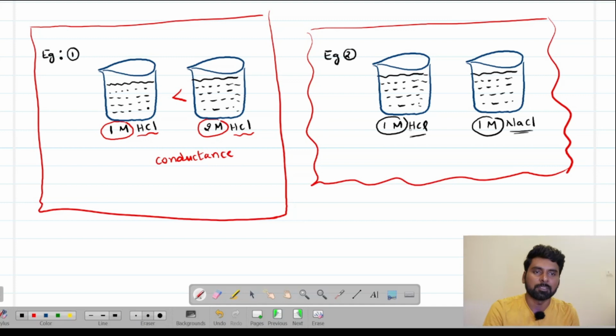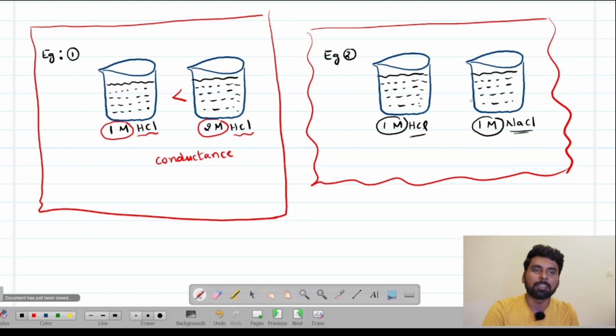For suppose, if there are 100 HCl molecules in this solution, for our explanation I am taking it like that, that HCl will be dissociated into 100 H plus and 100 Cl minus here. Here also if there are 100 NaCl, there will be 100 Na plus and 100 Cl minus. So both the beakers contain the same number of ions.